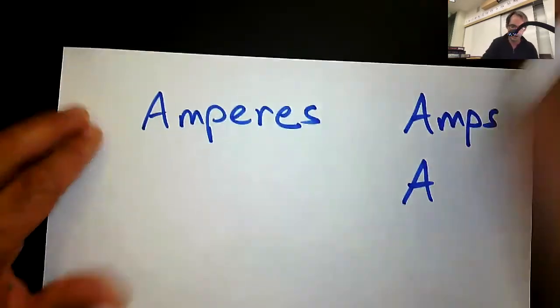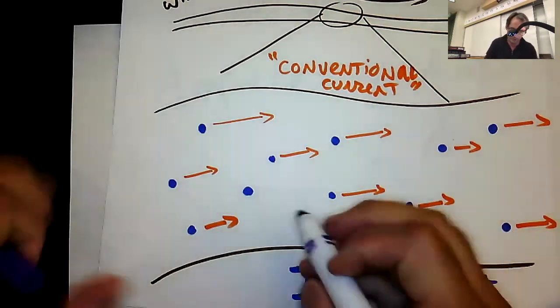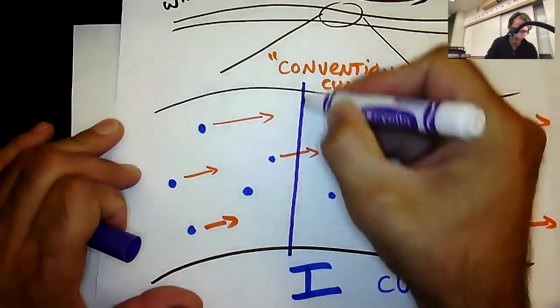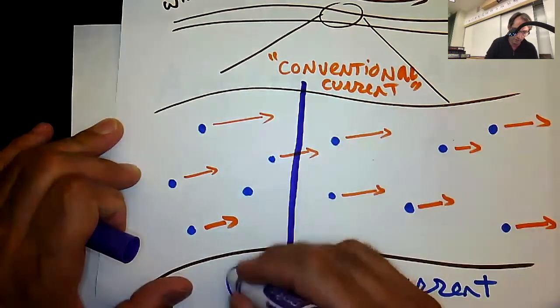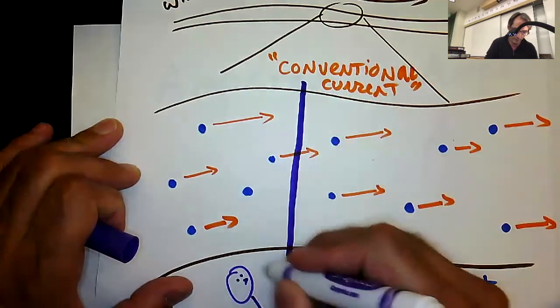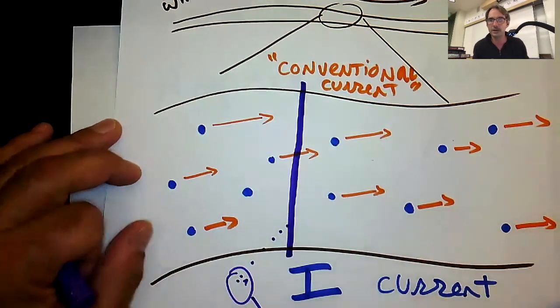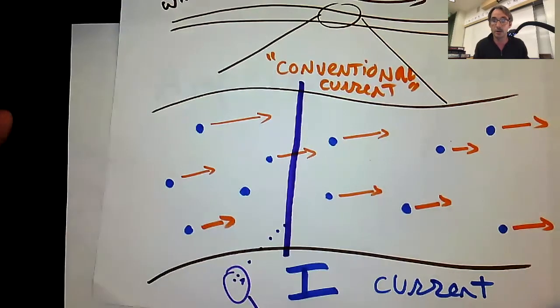An ampere is what you get if you were an observer watching, let's say there's a start line or a finish line for a marathon, and you were essentially counting the number of charged particles going past that line per unit time.